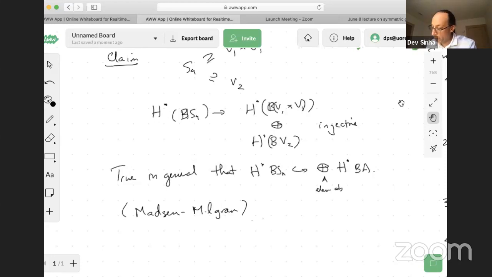And it also bears saying that in much more generality, BG for G finite maps into the cohomology over A elementary abelian of BA. Well, elementary abelian just means, say, Z2 cross Z2, etc. If we're working at the prime 2, Z mod P cross Z mod P, those cohomologies at the prime 2 are polynomial. At the prime P, it's polynomial tensor exterior. Let's just talk about the prime 2.